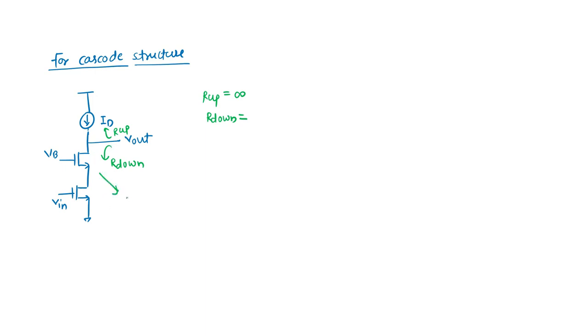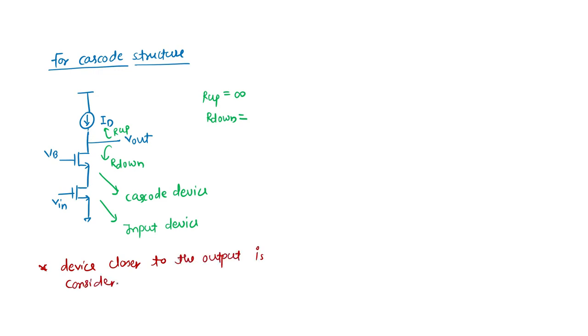This is your cascode device, this is your input device. What is the meaning of this? In the R down expression, if this is M2 and this is M1, you see GM2 RDS2, and for the lower input device only RDS1 is considered.